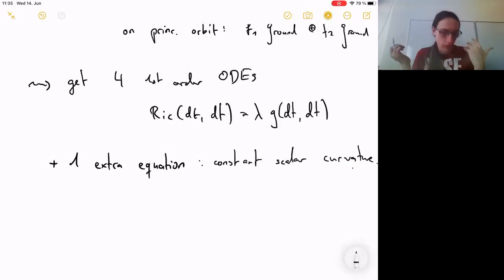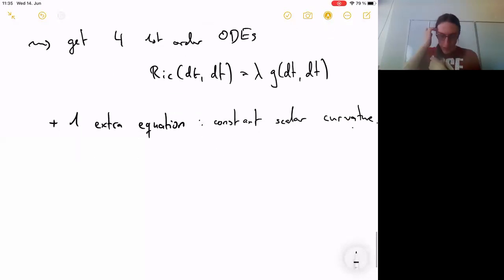So what do these look like? Of course, I'm not going to do all the calculations now for you because I'm not crazy. But you take this, you do some reparameterization, and you use the extra equation to eliminate one of the variables.